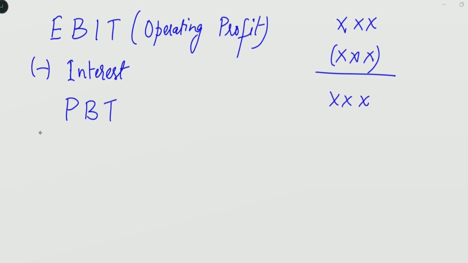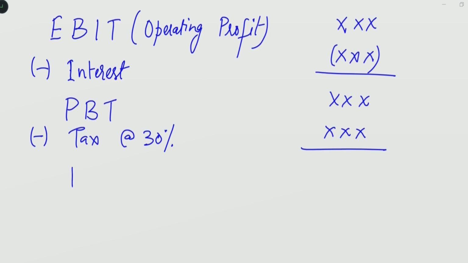The profit before tax will be subject to tax, so less tax, say at 30%. This is basically assumed, the 30% rate is assumed. So after this, what you get is PAT, that is profit after tax.